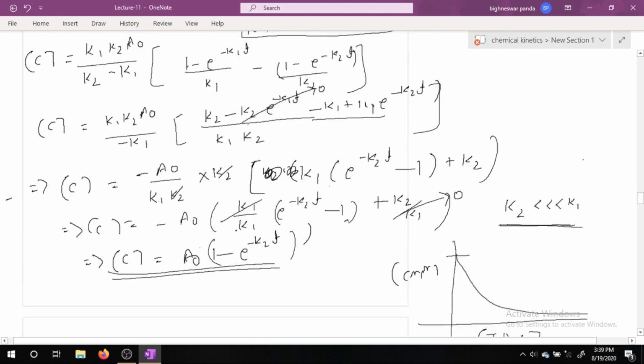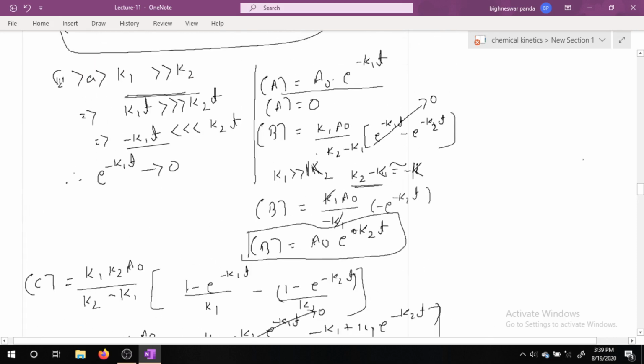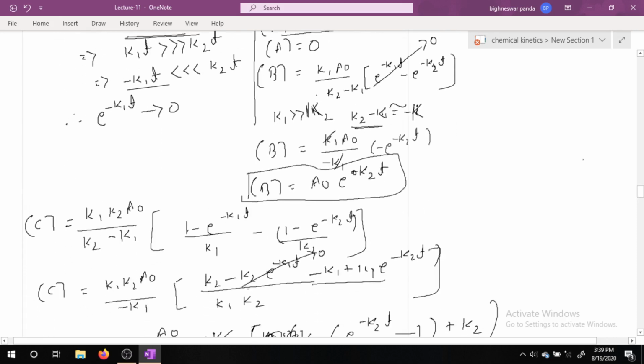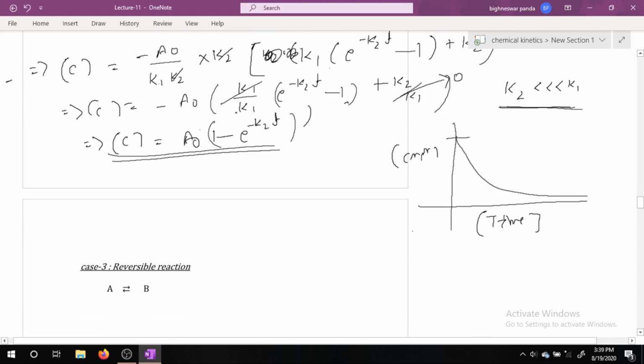For B we have its concentration, and C has concentration that increases, since C is the product.